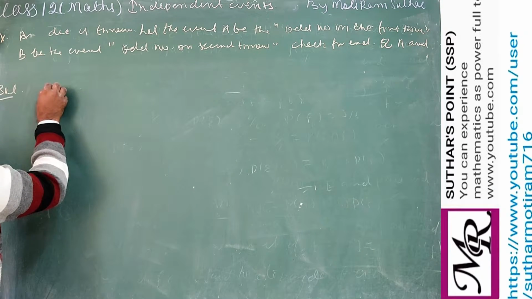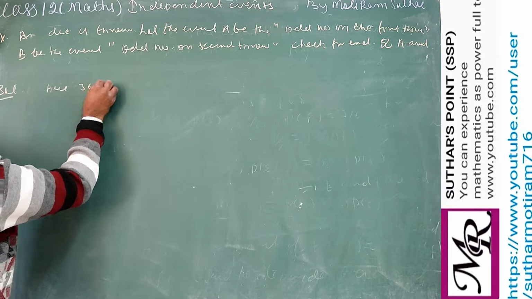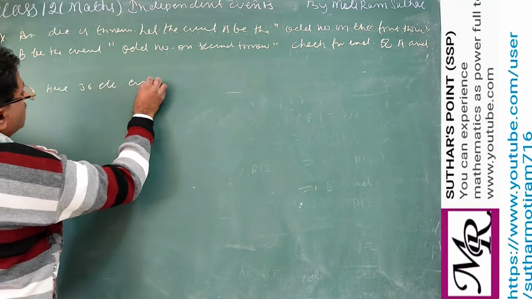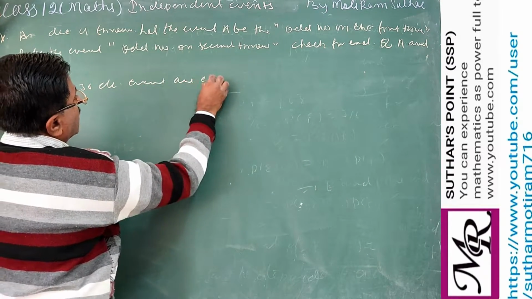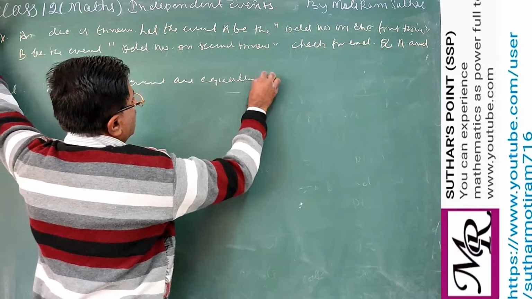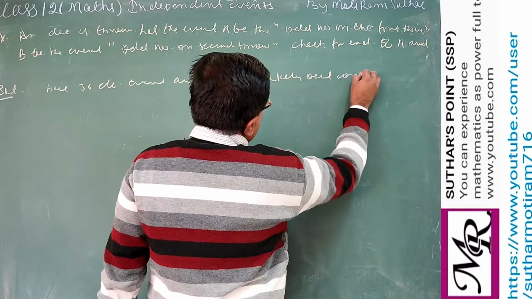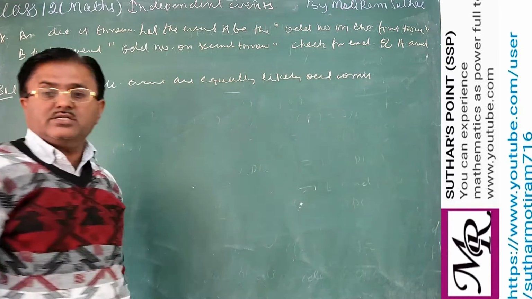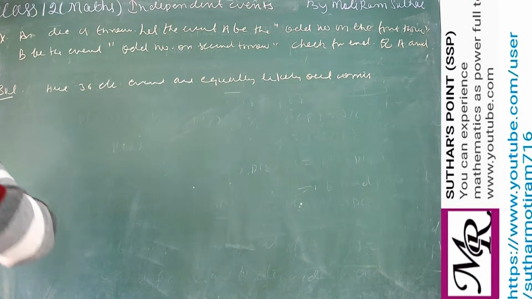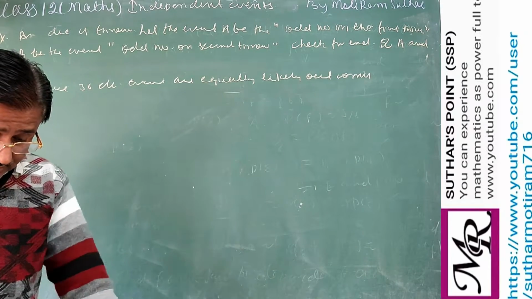So here the 36 elementary events are equally likely outcomes, as we usually see in classes, all have equal chance to happen, right?